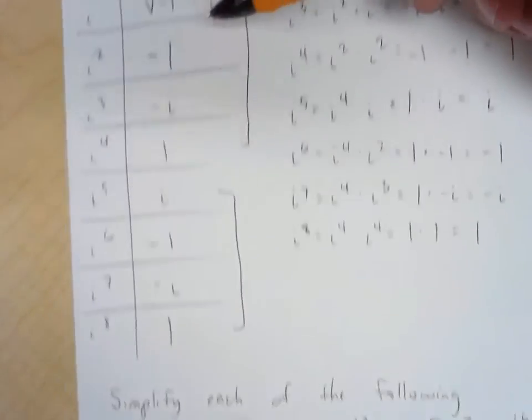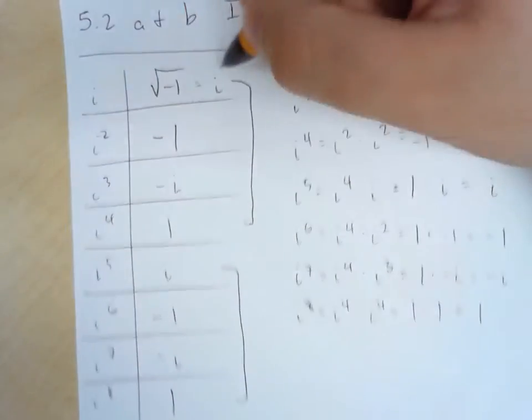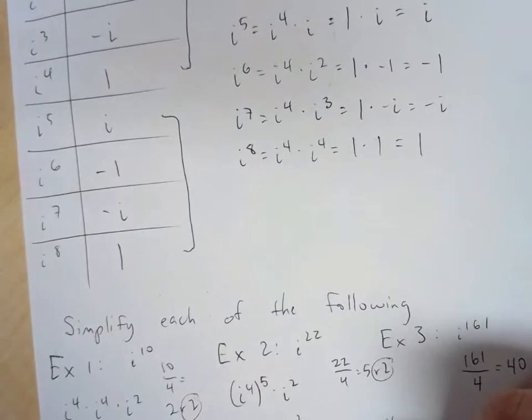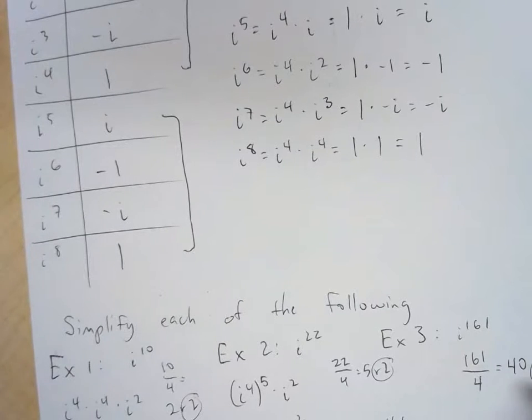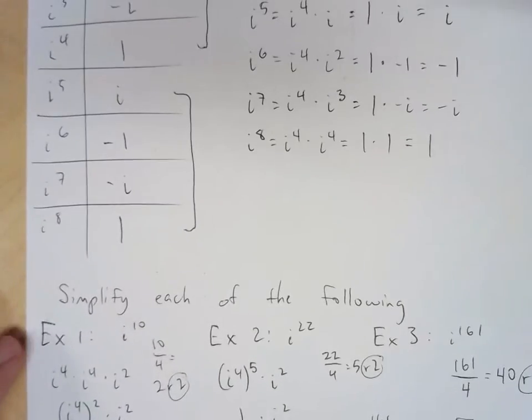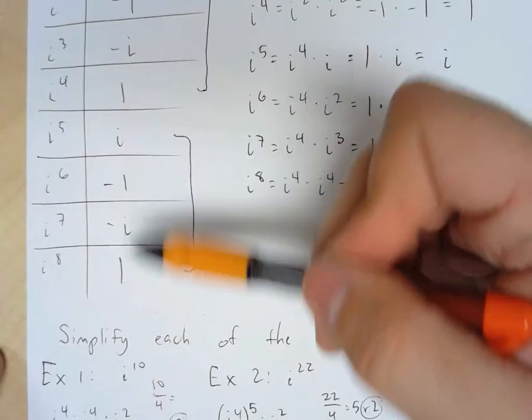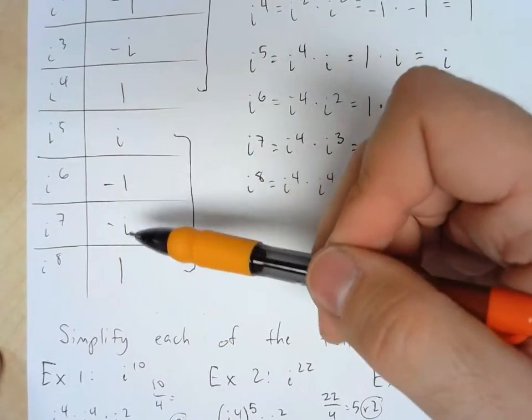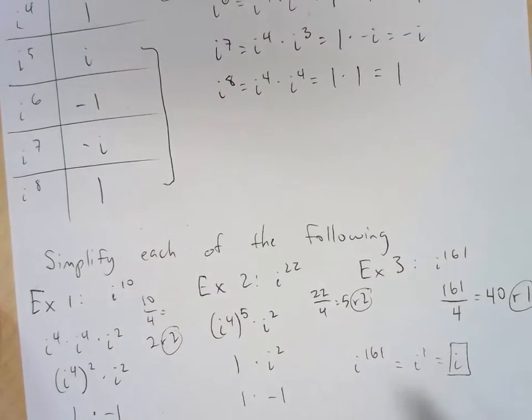So we'll look back up here at our chart. i to the first power is just equal to i. So we can say i to the 161st is equal to i to the first power, which is just plain old i. And when we're leaving this in terms, we want to have any of this pattern here: either the i, the -1, -i, or +1. And that's what all these should equal.